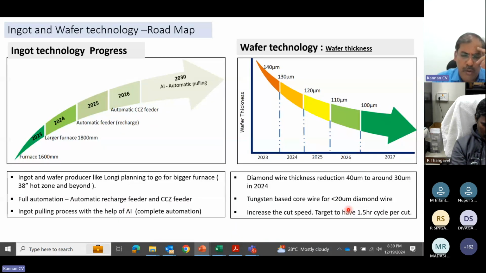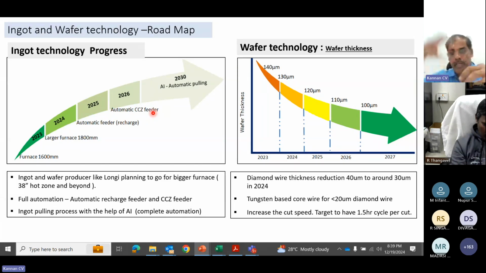Going forward, I'm going to talk about the different improvements happening on the wire side. On the ingot side, in 2023 the crucible furnace diameter is 1600 mm. Going forward to 2030, they are talking about an automatic continuous CZ puller, where you grow the crystal and don't need to refill.